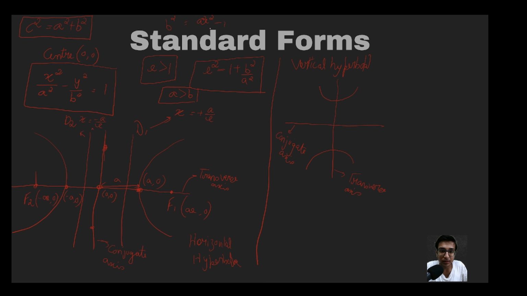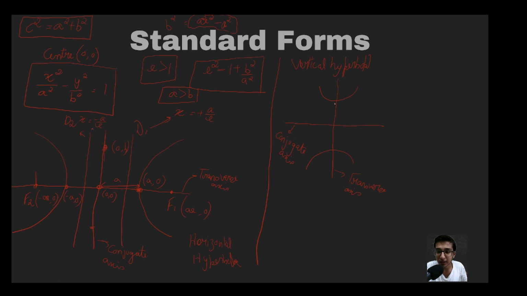Basically, we have to represent this value by using some variable, and that variable that we are using is b, (0, b). So this is it on the conjugate axis.